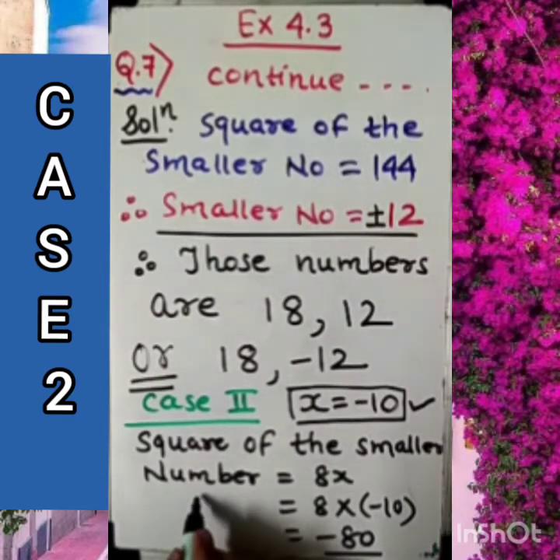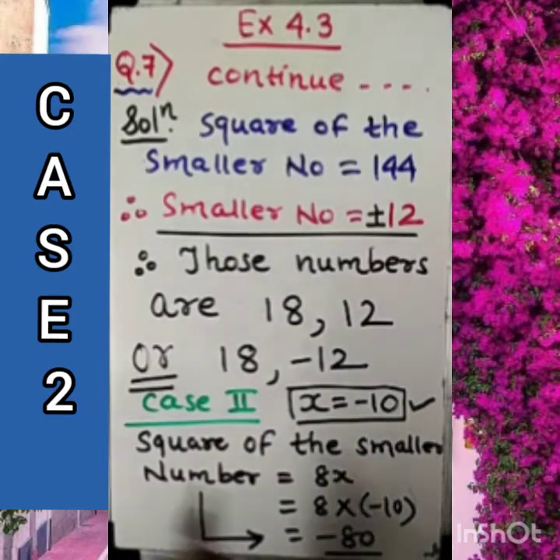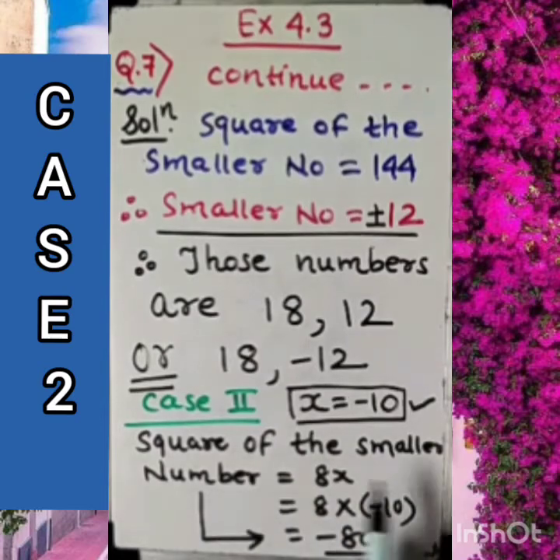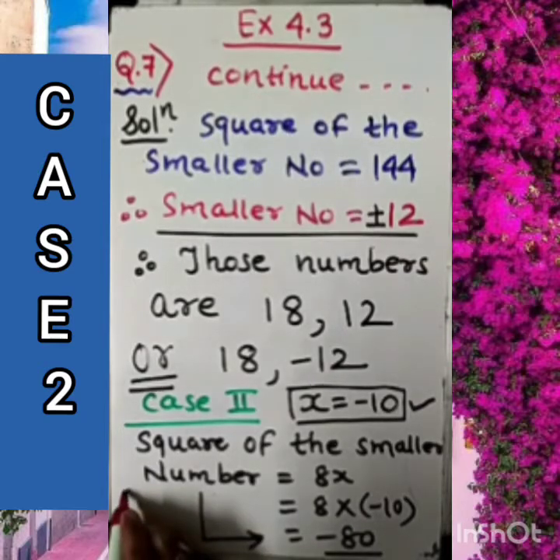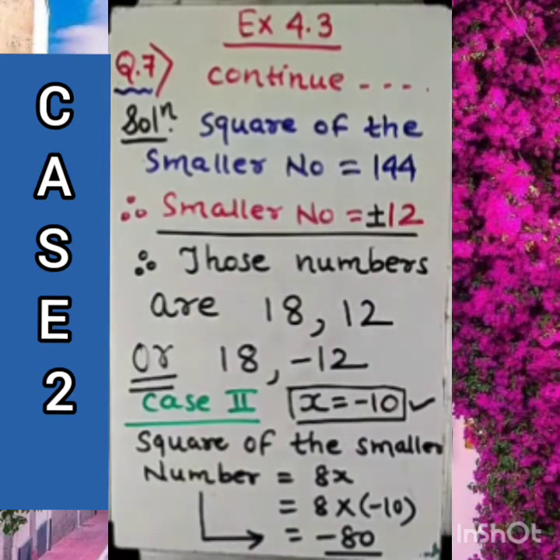Now, is it possible to find a smaller number whose square is negative? It's not possible. In this case, we need to write it is not possible. Let's complete it.